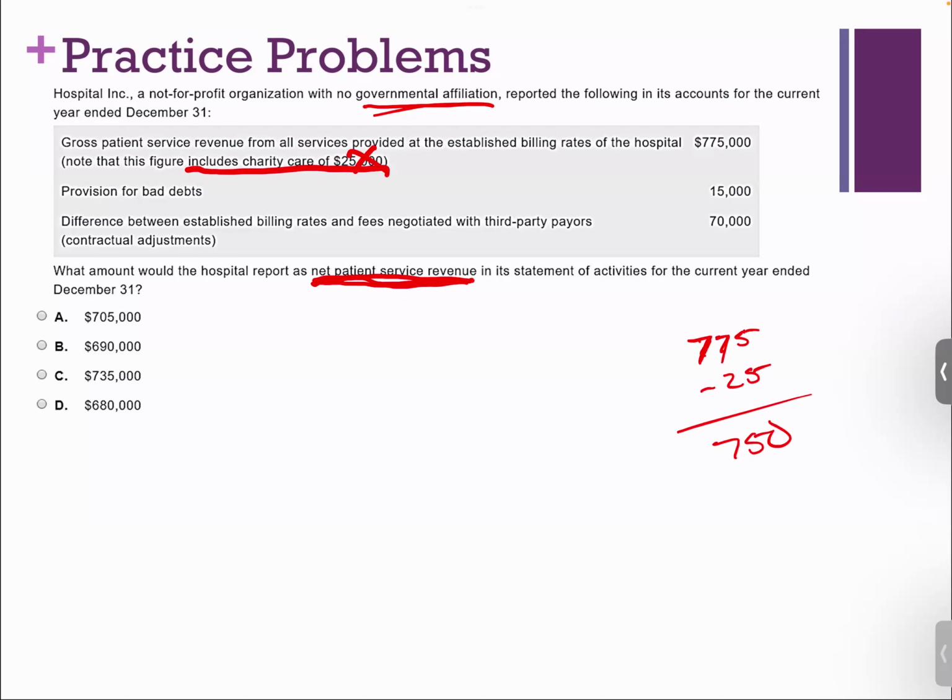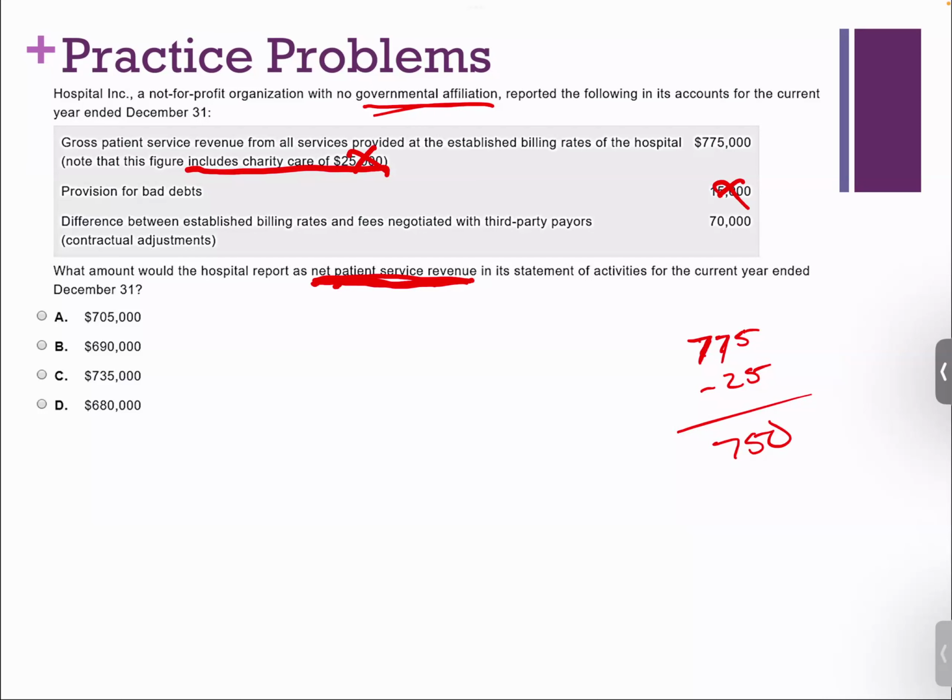Provisions for bad debts. Remember, those provisions for bad debts, that's going to be recorded as bad debt expense. It doesn't reduce net patient service revenue. So we don't do anything with that. Well, we record it as bad debt expense. Difference between established billing rates and fees negotiated with third-party payers. Okay, so that's your insurance companies negotiating better rates.